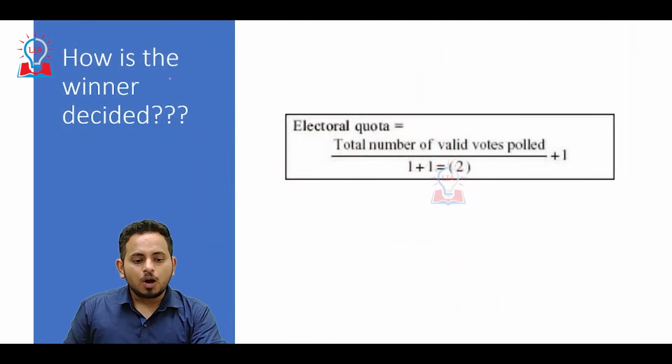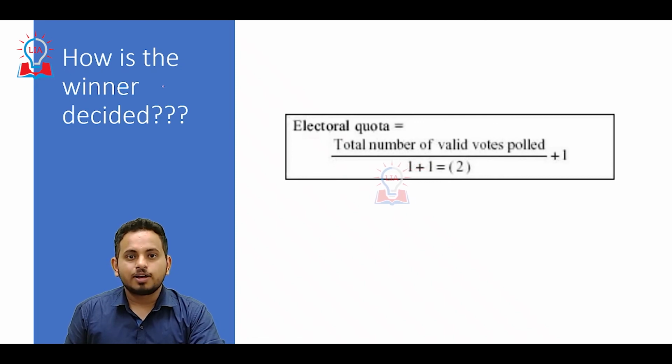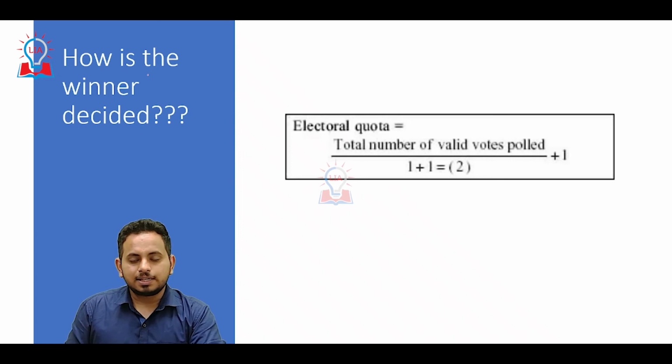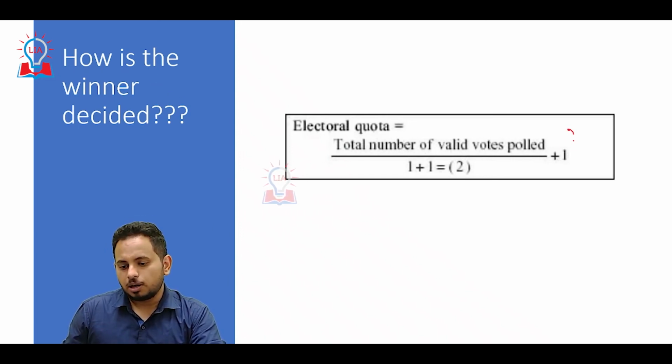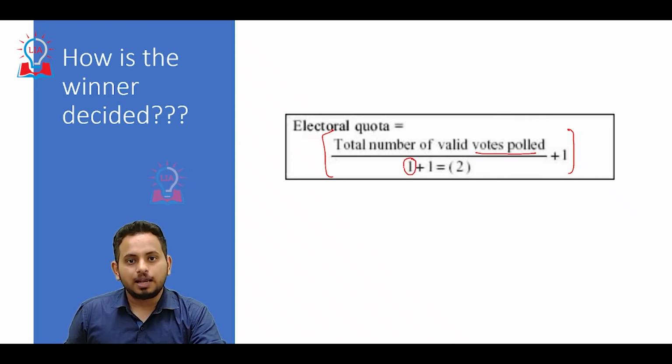Okay, how is the winner decided? Now we have seen the electoral college, we have seen the total value of the vote of MPs and also MLAs. Now let's see how the winner is decided. The winner is decided by this formula. Look at this formula. The total number of valid votes polled divided by the number of presidential candidates that have to be elected, that is 1.